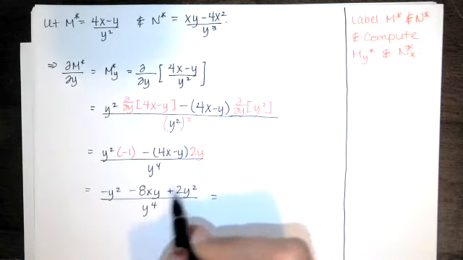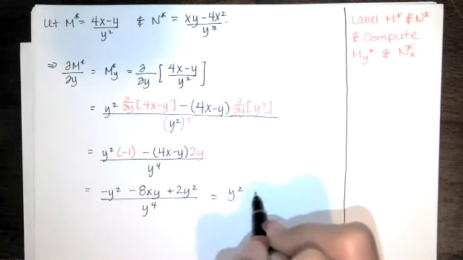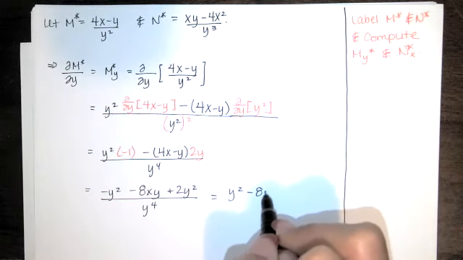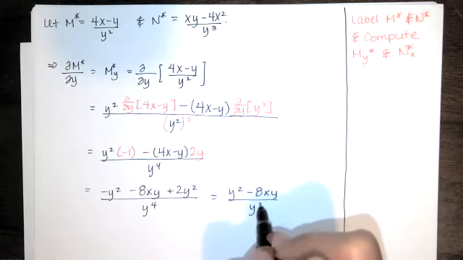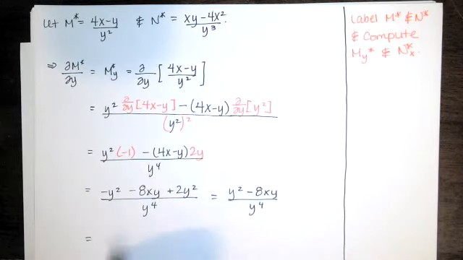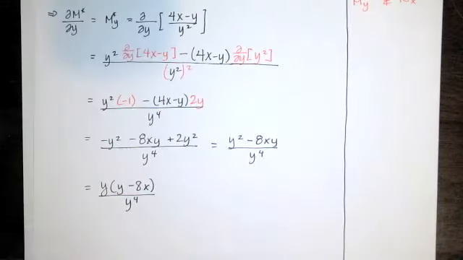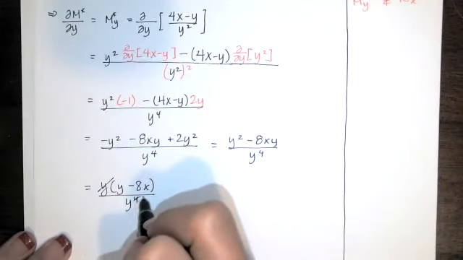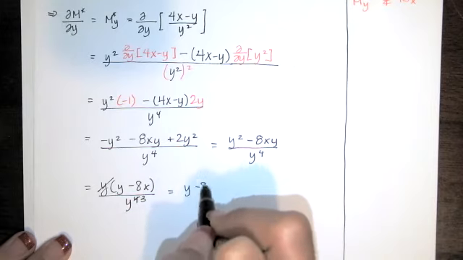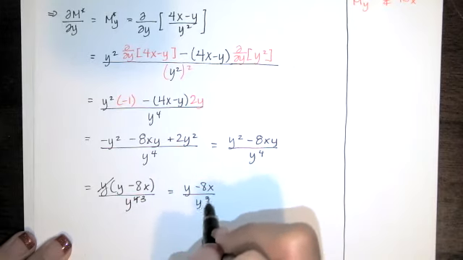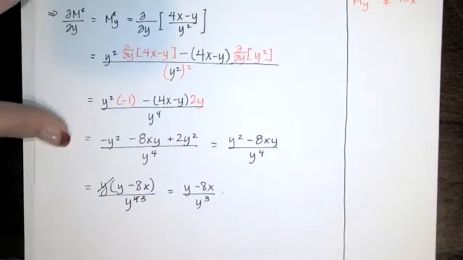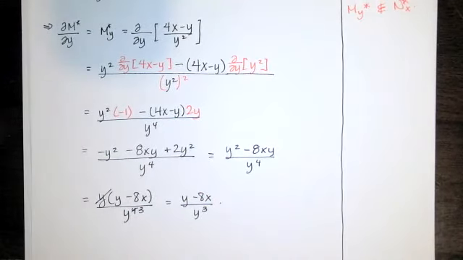They can be combined. 2y squared minus 1y squared is just 1y squared, dividing all of this by y to the 4th. We can factor out a y if we want, and then one of those y's will reduce with one of those. Okay, so that's the partial of M star with respect to y.